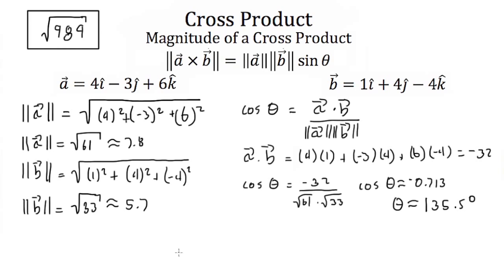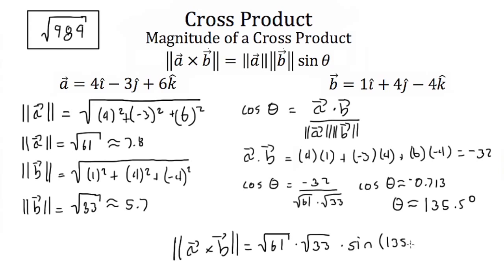So that means the magnitude of vector A cross vector B should be equal to the magnitudes of both of our vectors, so the square root of 61 times the square root of 33 times the sine of our angle, so the sine of 135.5 degrees.